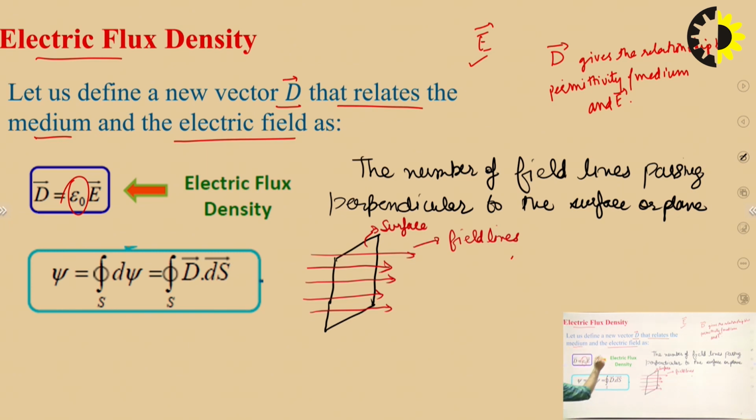So D equals, if the permittivity of that medium is epsilon, D equals epsilon into my electric field.